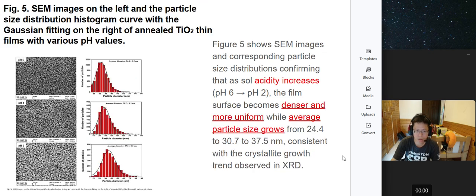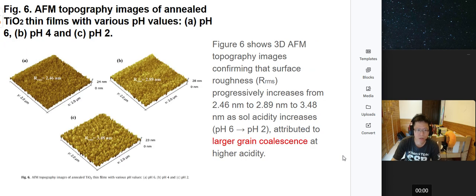quality at lower pH. Looking closer at the SEM imagery and the particle size distributions, we can see that when the acidity is increased, the thin film surface becomes denser and more uniform, and the average particle size grows, consistent with what we see in the XRD pattern.